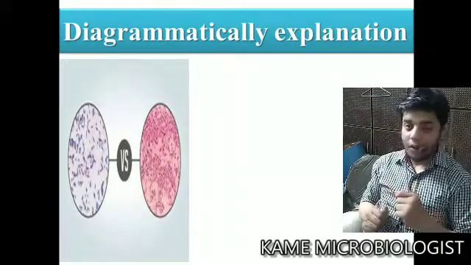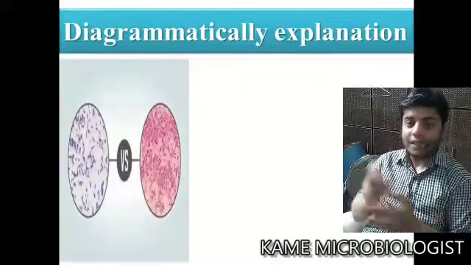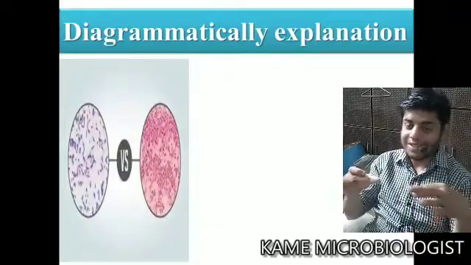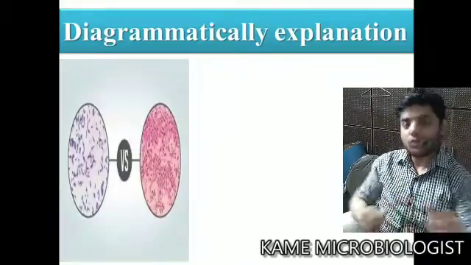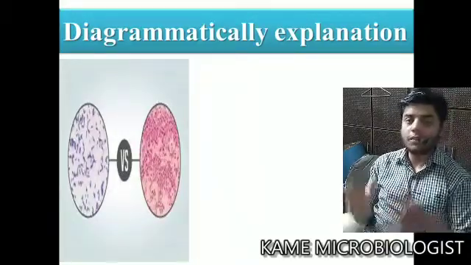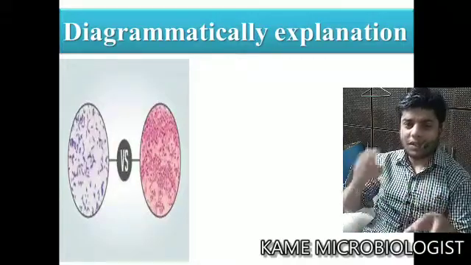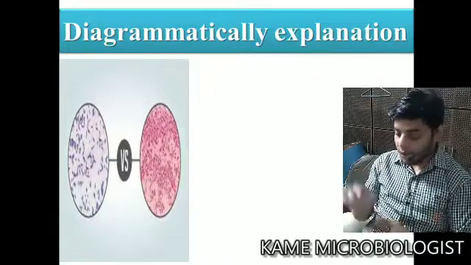Now, under the light microscope, let's suppose you have a colony on a clean slide and you stain it with a gram stain. Inshallah, in some other video lecture we will explain the gram staining technique. It is simply the staining we perform on the slide.